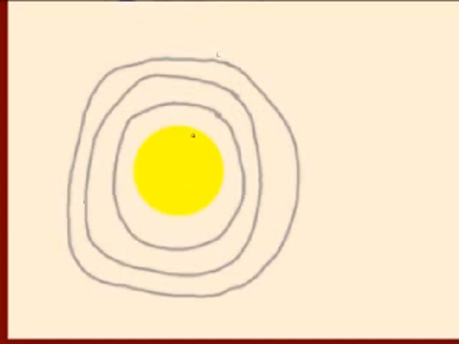Okay, now in the nucleus of this atom, we're going to have 17 protons, so a lot of them. 1, 2, 3, 4, 5, 6, 7, 8, 9, 10, 11, 12, 13, 14, 15, 16, 17.